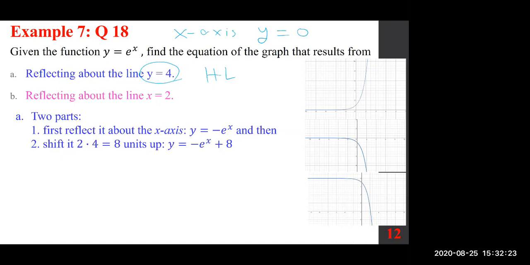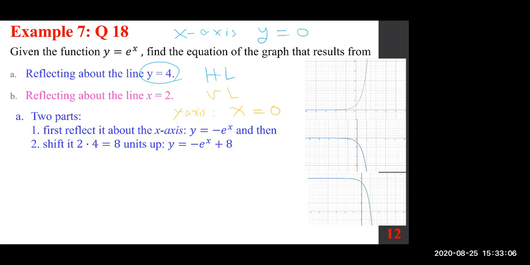When we look at the second part, we want to do the same thing, but this time with respect to the line x equals 2. Remember, this is a vertical line. Let me use a different color. This is a vertical line, and remember, the y-axis has the equation x equals 0. So the vertical line x equals 2 is 2 units away from that.